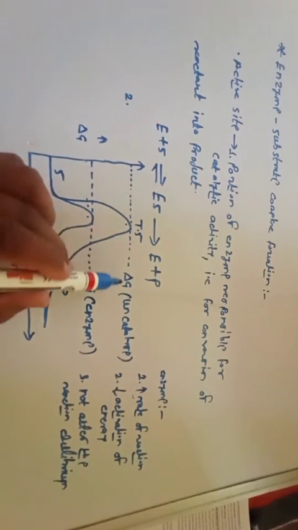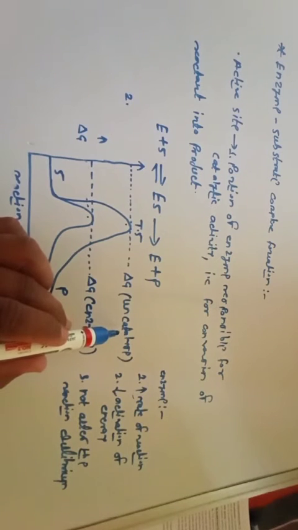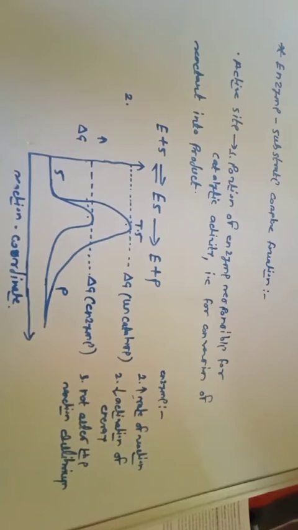This delta G is in absence of catalyst, that is, in absence of enzymes, the uncatalyzed reaction. So it has a high activation energy and its rate of reaction is very slow; it will take a longer time to convert the substrate molecules into the product.